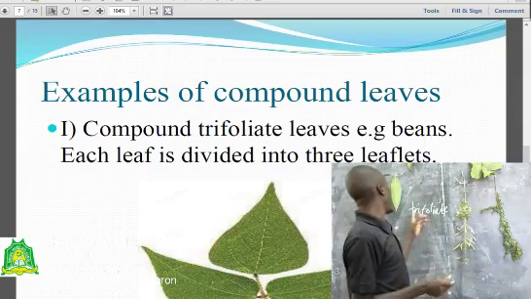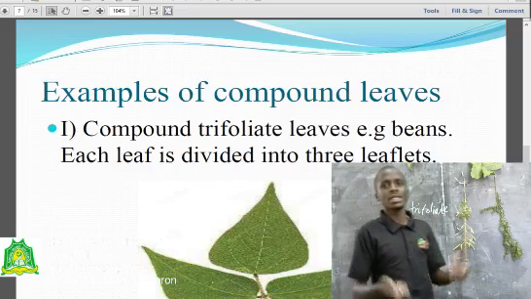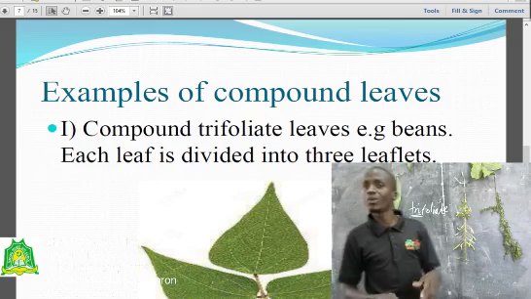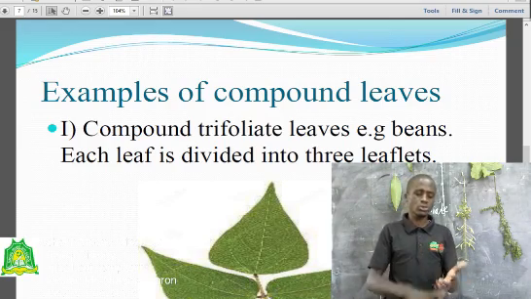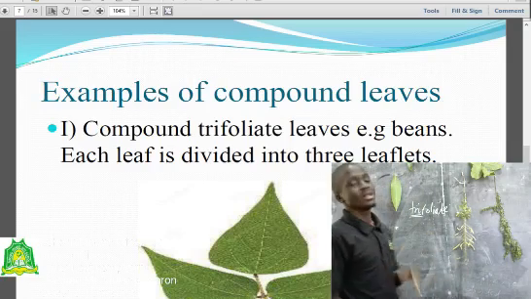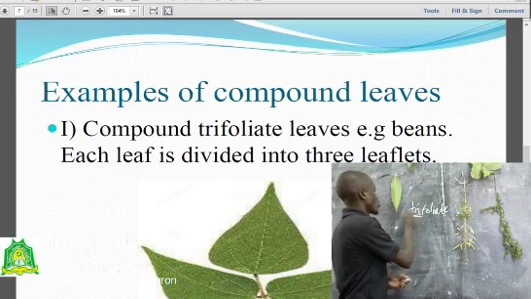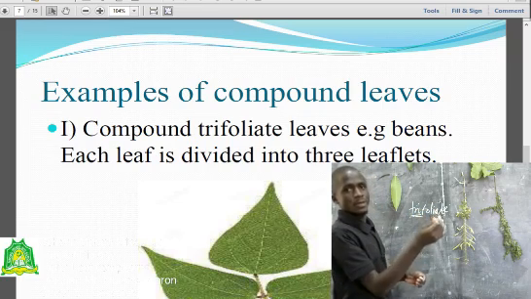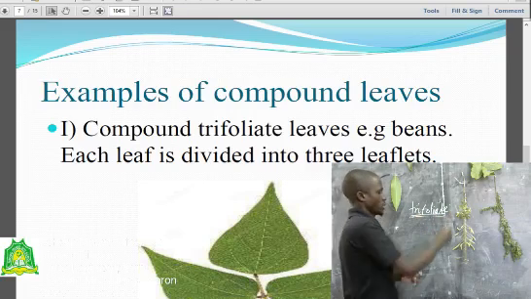Now when we say compound trifoliate, the word tri means what? I hope you already know. Di means 2, mono means 1, tri means 3. So the word trifoliate together means 3. You could say leaves, but then it is the leaflets.